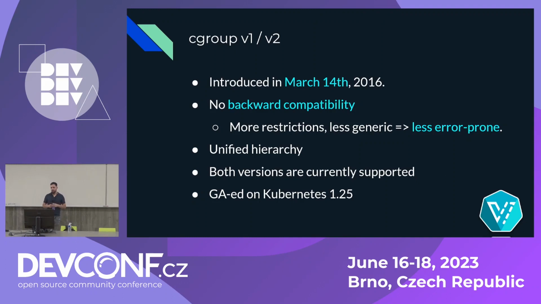In v2, we have a unified hierarchy, and in every Cgroup we define all of the different subsystems. Therefore, they're more aware of each other, and again, less error-prone. Currently, both versions are supported, and v2 was GA'd in Kubernetes 1.25, so it's still relatively new.